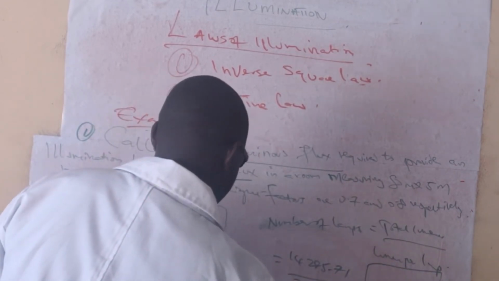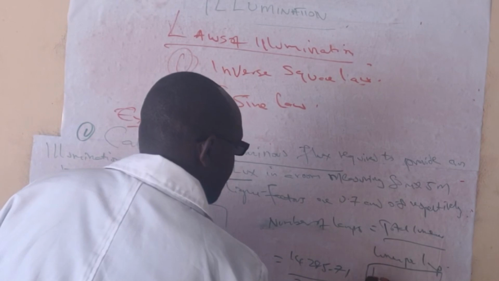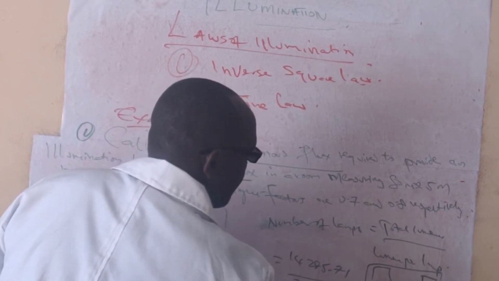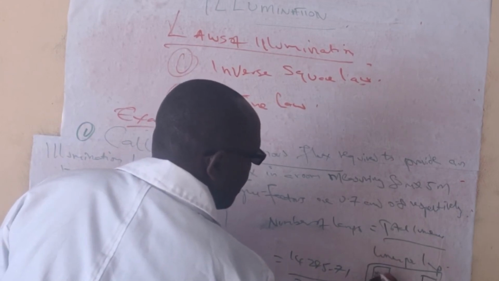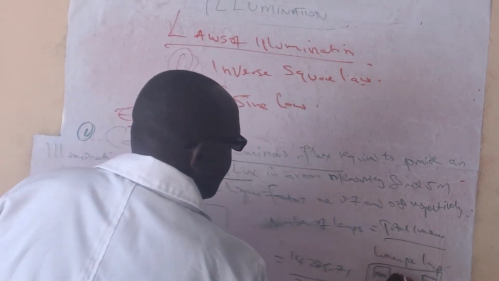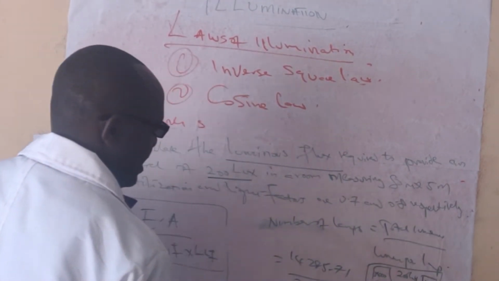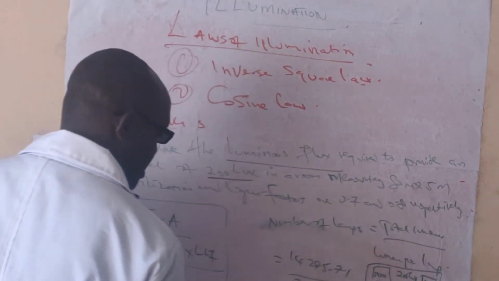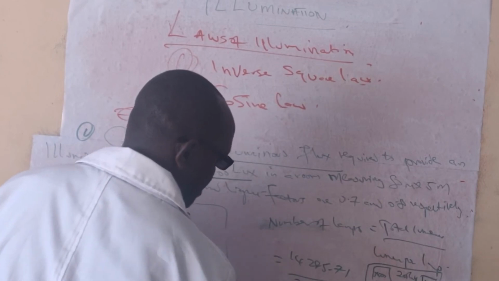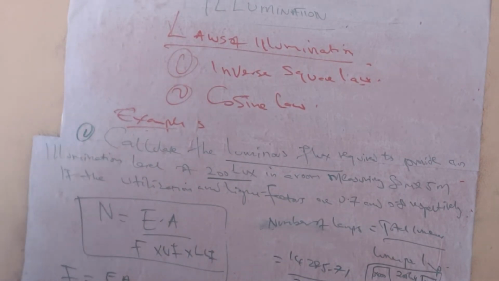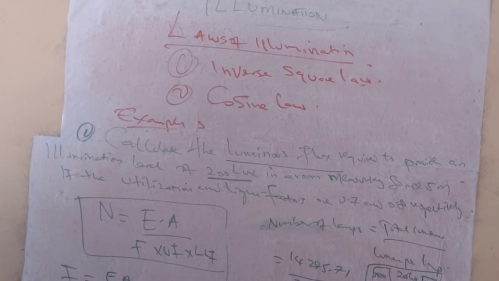By calculation, we get 4.3 lamps, which is equal to 5 lamps.